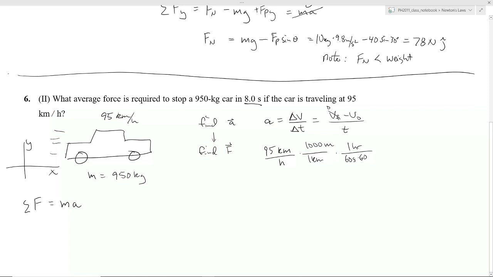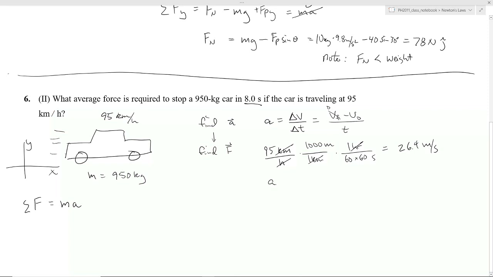So there are 3,600 seconds, in other words, in an hour. So if we employ these unit conversions, we would have a number that's in meters per second. And when we crunch those numbers, we find this is 26.4 meters per second.